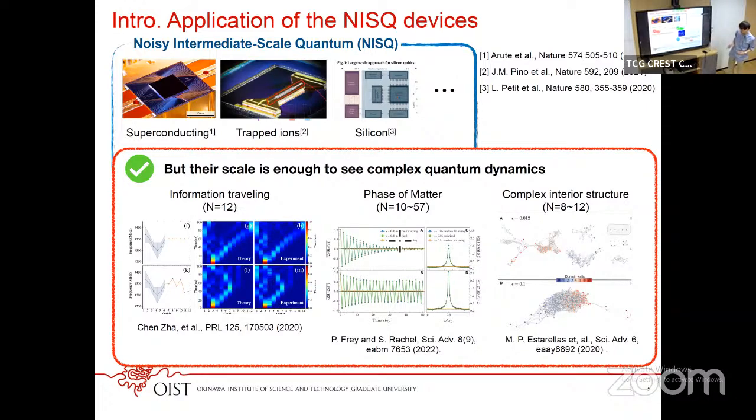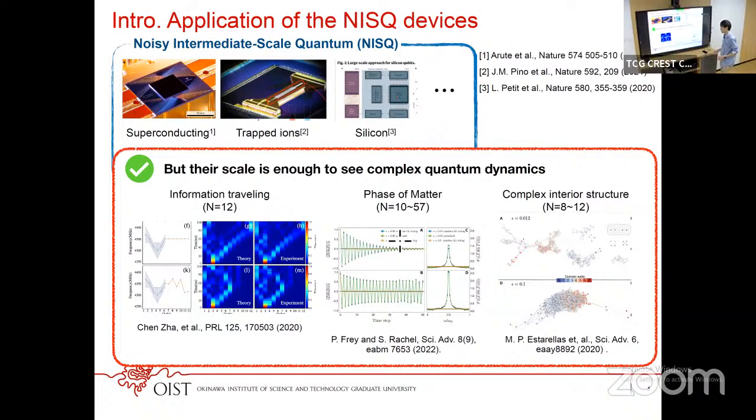For example, as shown here, this is a quantum walk using 12 qubits, and this one is the theoretical prediction, and this is the experimental result. You see that the agreement between experiment and theory is very good. They also show that by tuning the frequency of driving, it's possible to implement any kind of potentials.